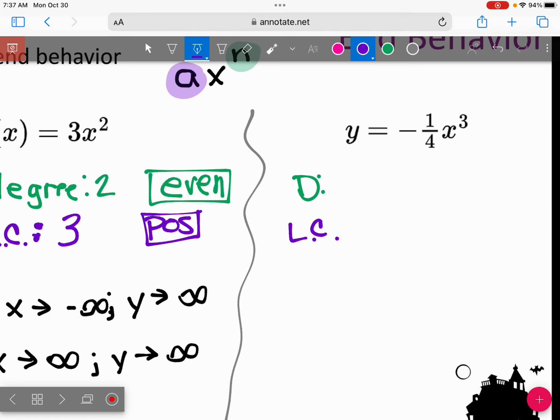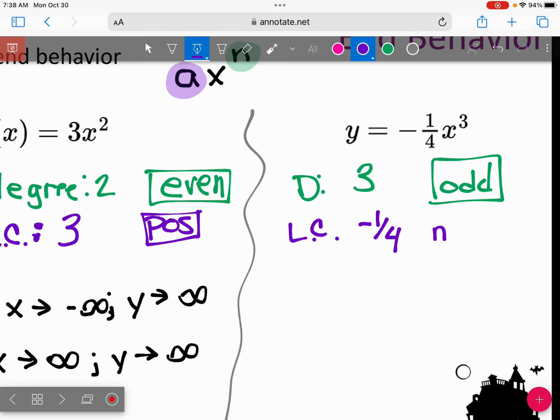So what was our degree on this one on the right? 3. And what's my leading coefficient? Negative 1/4. So my degree, is it even or odd? Odd. My leading coefficient, is it positive or negative?